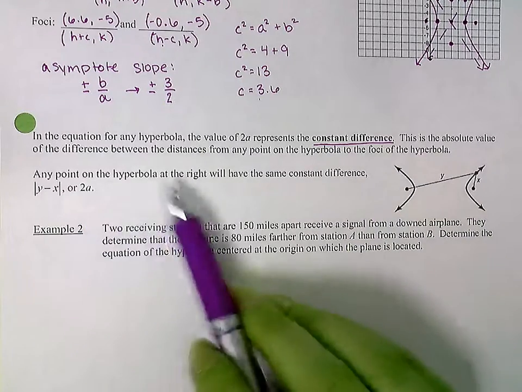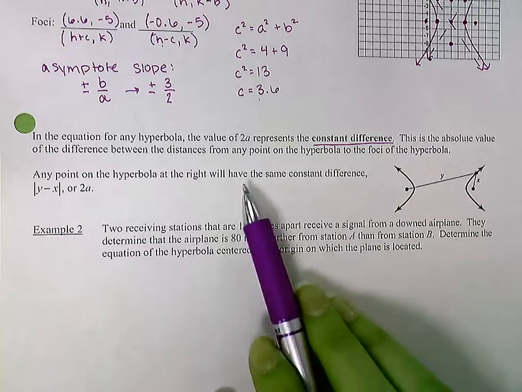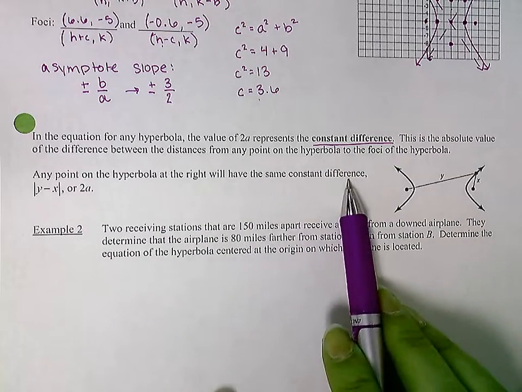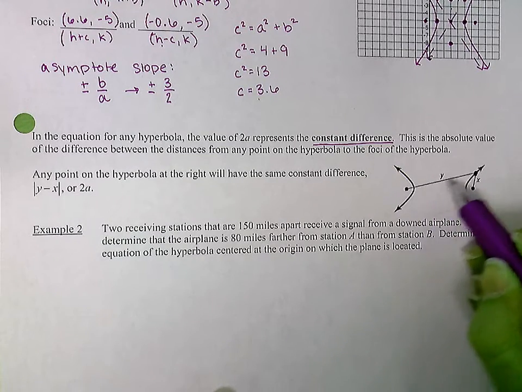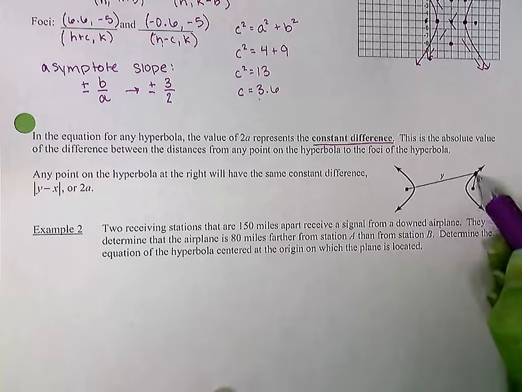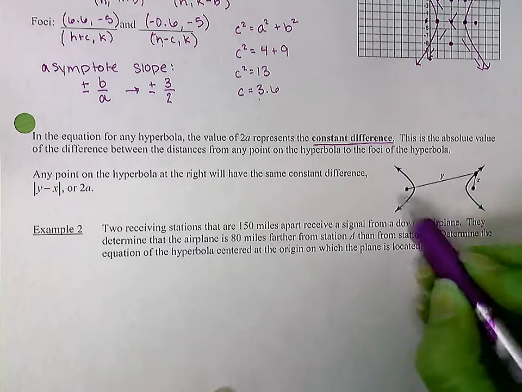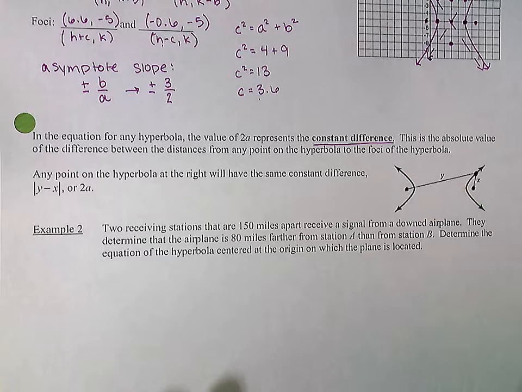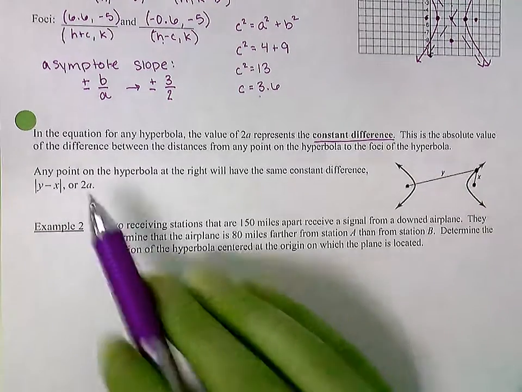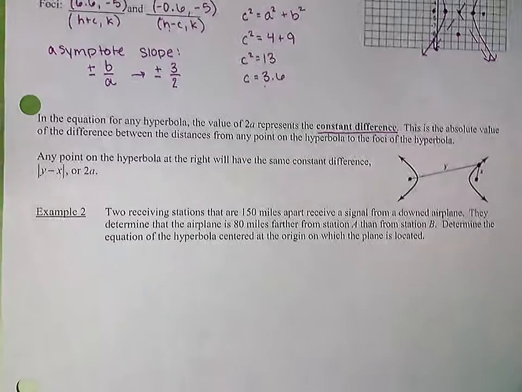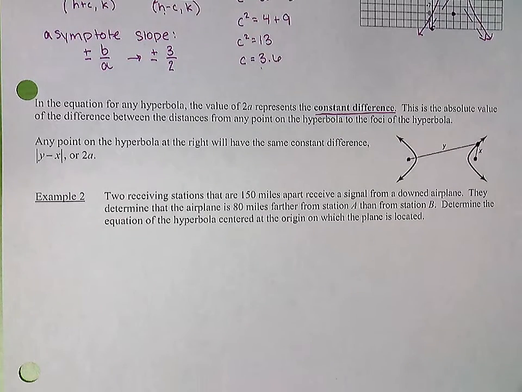So any point on the hyperbola will have the same constant difference. Okay, so any point here on your hyperbola will have that same constant difference between your focus and your focus. Okay? Or it's 2a. So as an example of this, we're going to write out the equation of this hyperbola.